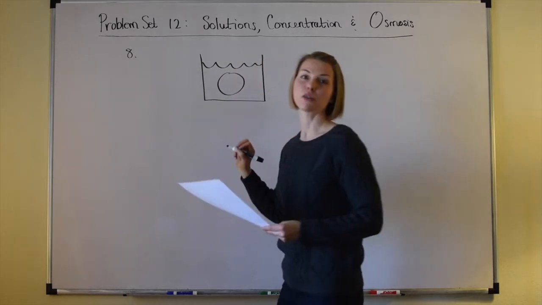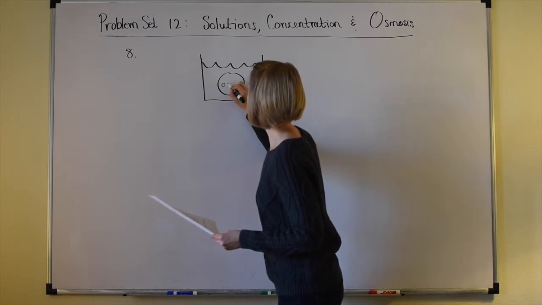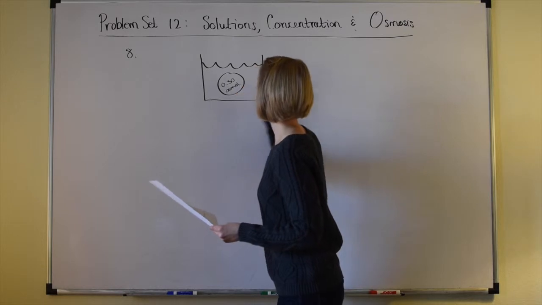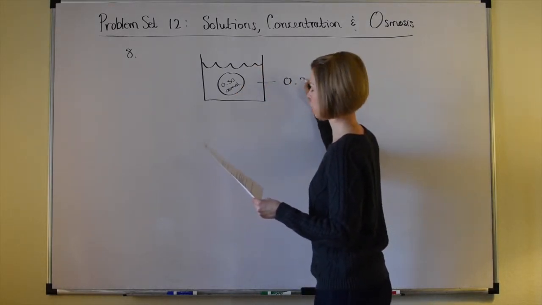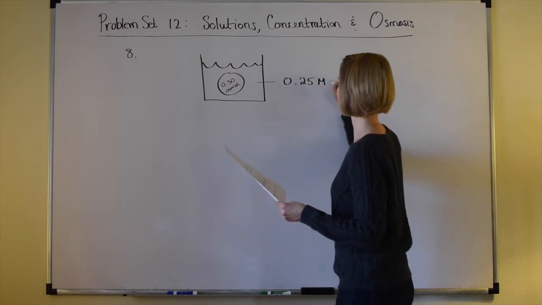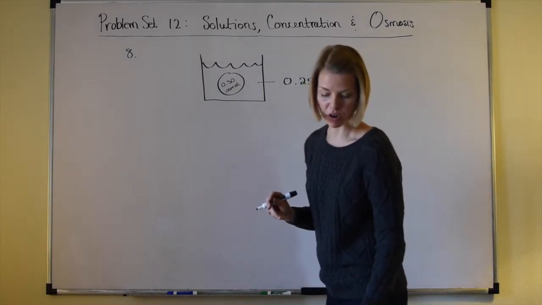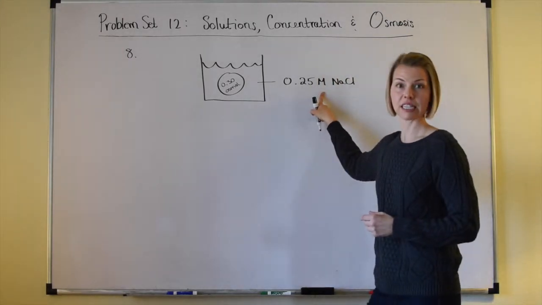Our red blood cells, you might remember from the tutorial, number 12, that they are 0.30 osmol. And they're placed in a solution that is 0.25 molar sodium chloride. So we first need to figure out what the osmolarity of this surrounding solution is.